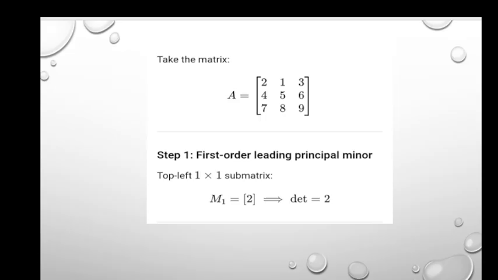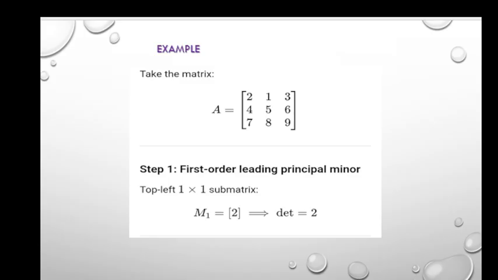So we have to delete the last two rows, the second and third rows, and the last two columns, the second and third columns. So the remaining entry is only 2. So the determinant is 2. That is, the first order leading principal minor of this matrix is 2.